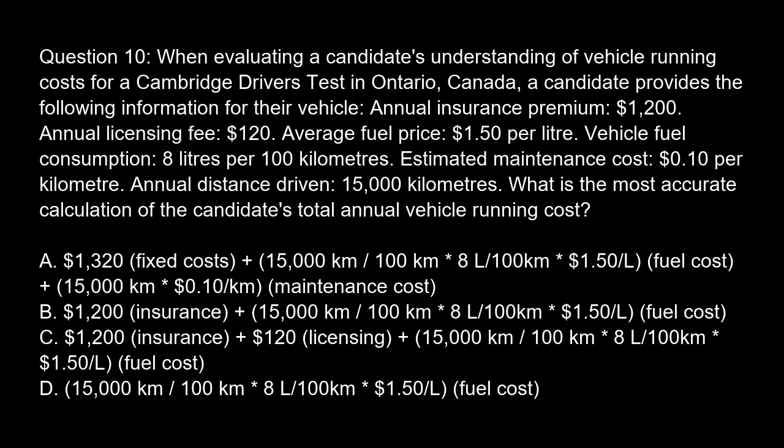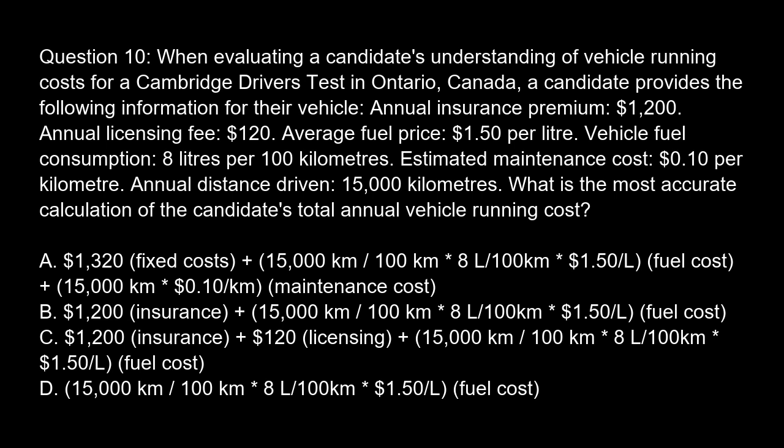Option A, $1,320 fixed costs plus 15,000 km/100 km * 8L/100 km * $1.50/L fuel cost plus 15,000 km * $0.10/km maintenance cost. Option B, $1,200 insurance plus 15,000 km/100 km * 8L/100 km * $1.50/L fuel cost.